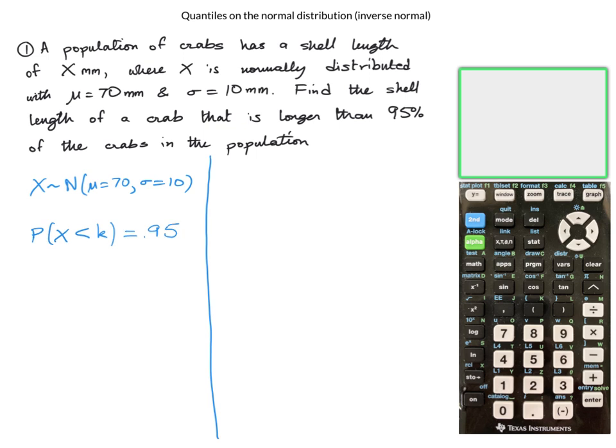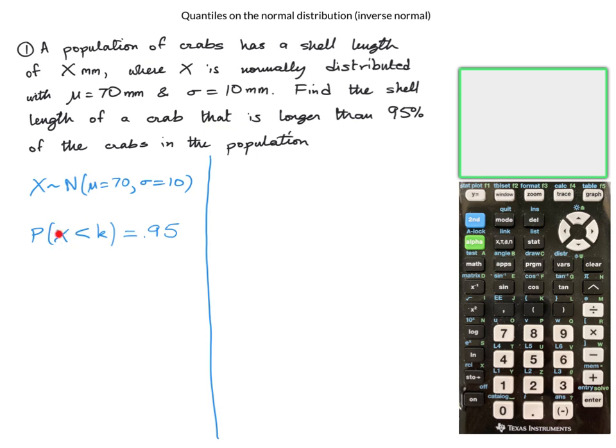Again, we are saying that we have a crab whose length we don't know. That's k. And if you look at the population, the probability that another crab selected would be shorter than our crab is 0.95. In other words, 95% of all other crabs are shorter than our crab.